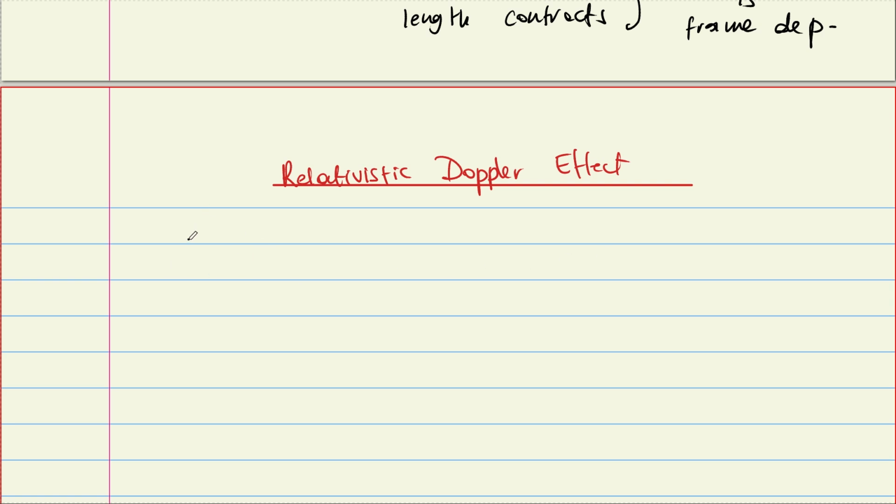So maybe I can first write the Doppler effect. Let me call it the classical Doppler effect, which is the non-relativistic Doppler effect. The frequency is something like this: the source frequency, times 1 plus v. Let me first write it, and then I'll explain what these things are.